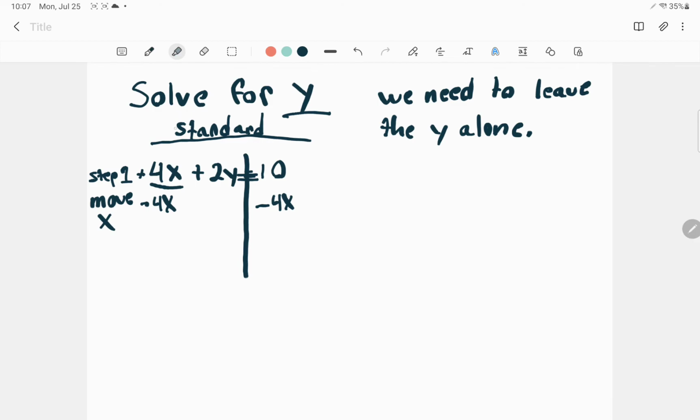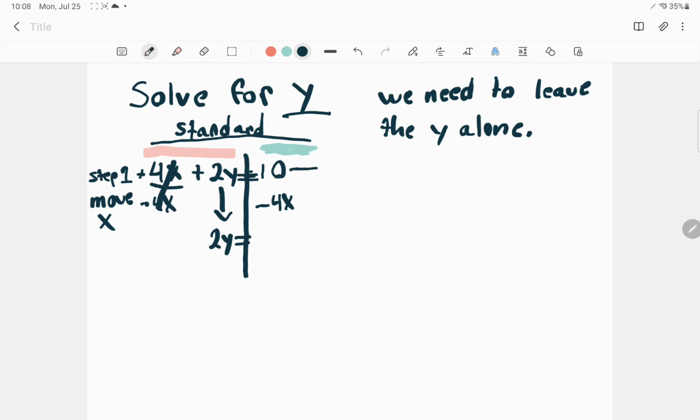Now, let's look at this side first. Let me see if I can get a nice color. Yes, I'm gonna look at this side over here first. What can I do to that side? Obviously my 4x and my negative 4x cancel. And what is left? My 2y. Did I do anything with that? No, so I'm just gonna bring it down. Now over here on the other side, where I have the blue, what can I do?